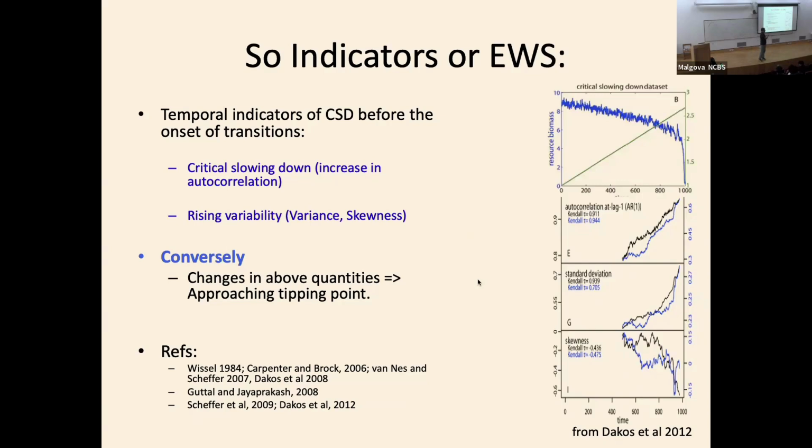Everything that I am measuring here, the autocorrelation function, standard deviation, skewness, are all metrics of the stochastic fluctuations and how they happen over time. What is their magnitude? How are they related to one another over time?